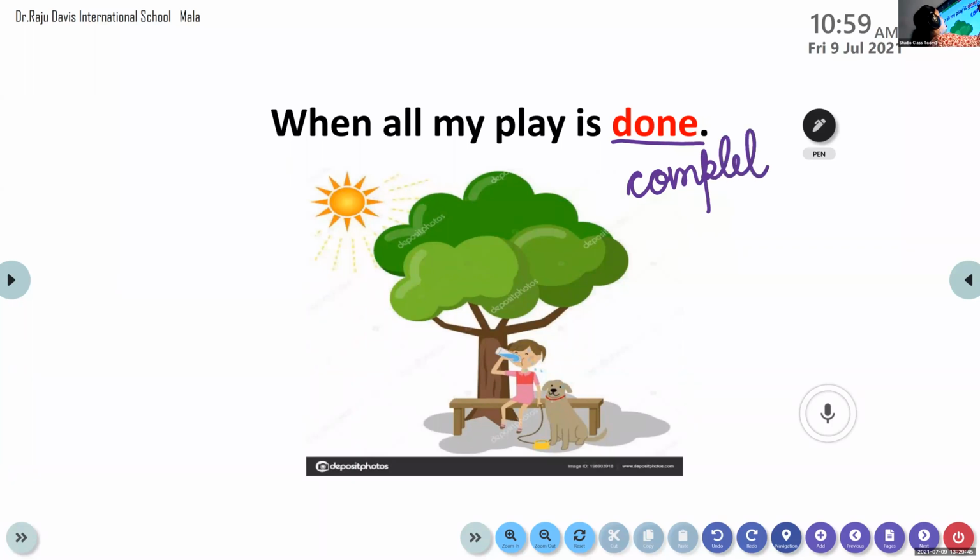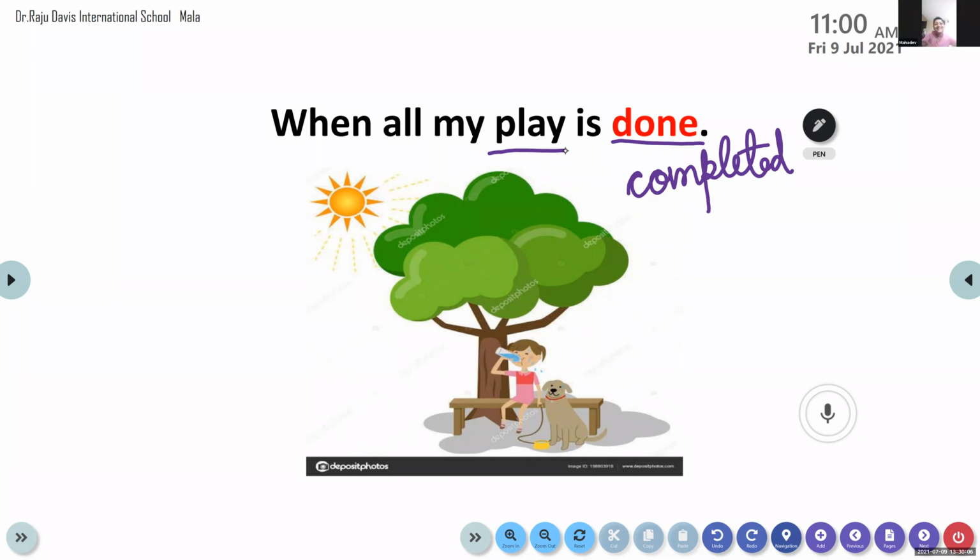So, when does the child come and sit under the tree? When she has completed all her playing. When the child completes or finishes all her playing, she becomes tired and she comes and sits under the tree.